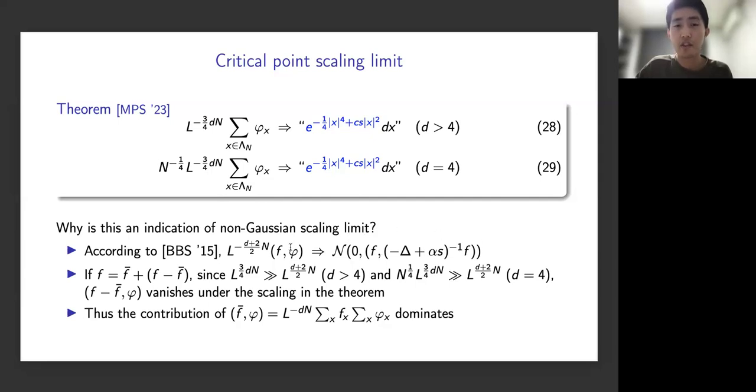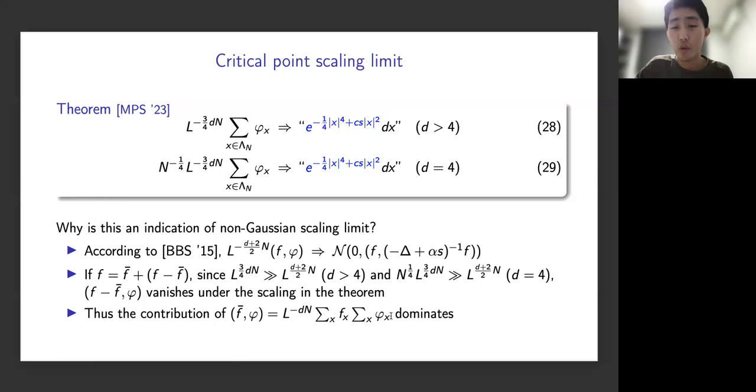However, because the scaling in our theorem, L to the 3/4 dn, is much, much larger than the scaling of the BBS result, under the scaling of our theorem phi tested against f minus f bar converges to 0 as n goes to infinity. On the other hand, the average part, f bar, if we test it against phi, is simply given by L to the -dn times the sum of f x times the sum of phi x.